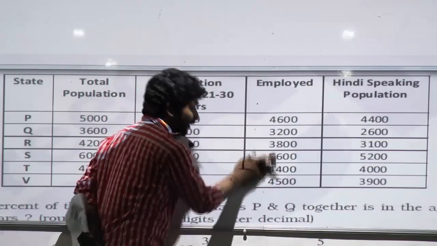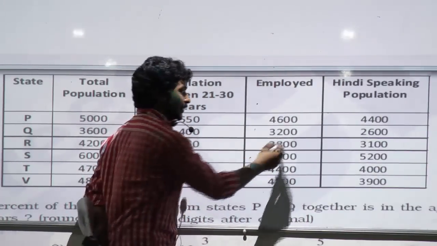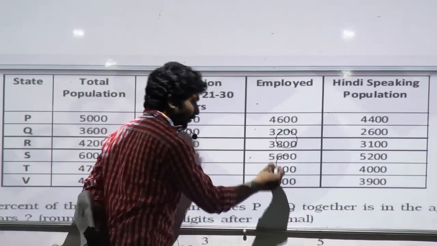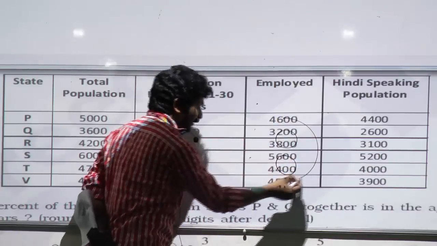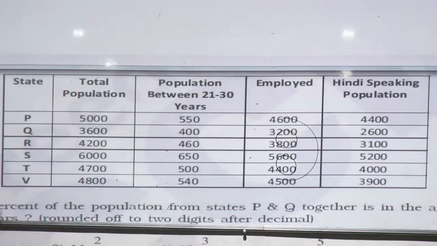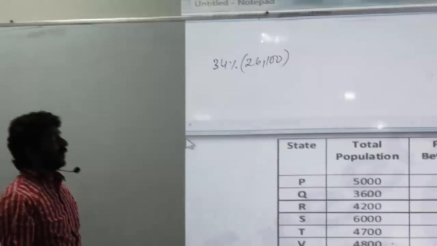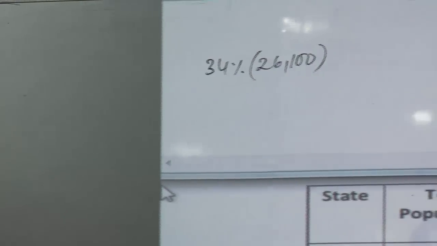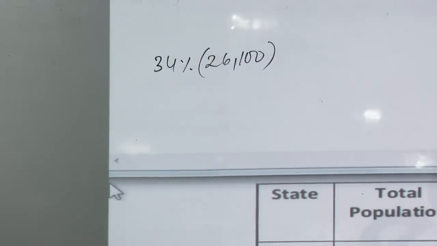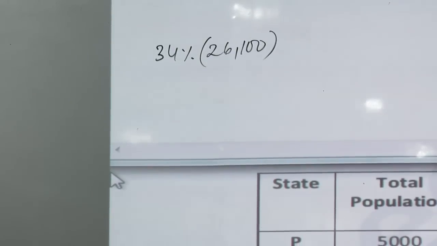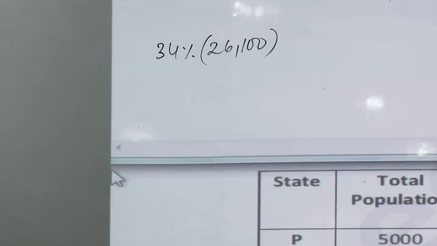Thousands places are over. How many thousands we have? 23, 24, 25, 26, 100. 26,100. And this is what you need to calculate. Answer should be a multiple of 9. Yes.